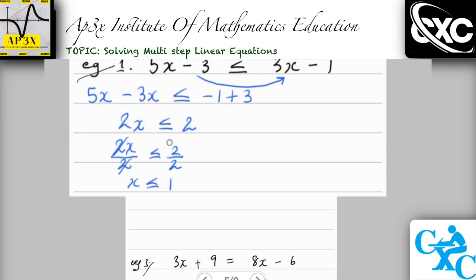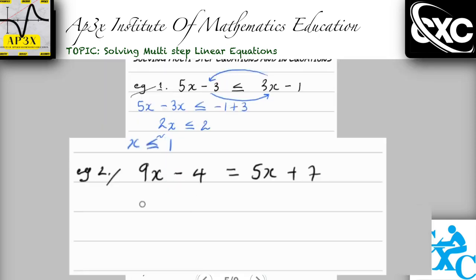Now, some students might wonder, why did I not reverse the sign? Again, the rule for reversing the sign is based on whether you are dividing or multiplying the inequality by a negative coefficient. Here I just divided both sides by a positive 2, so my sign remains in the initial direction that it was pointing.